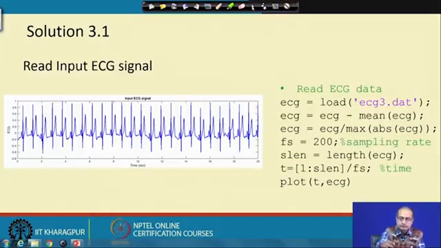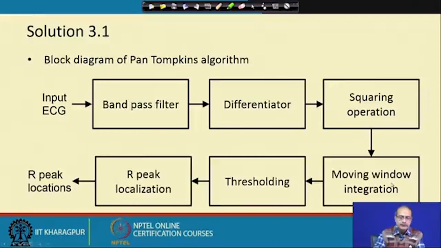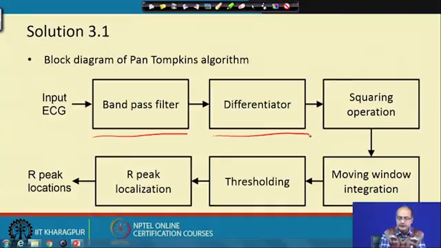Next, let us look at the steps in the Pan-Tompkins algorithm. The first step is the band pass filter, followed by a differentiator.